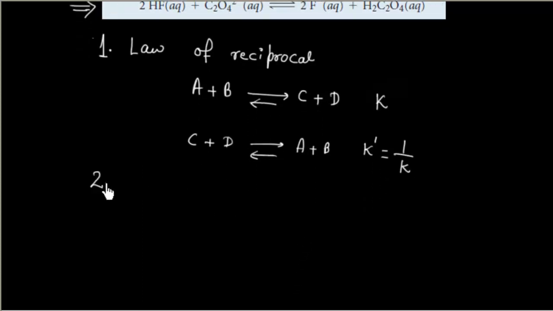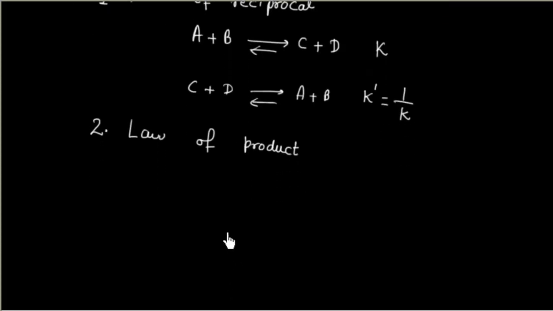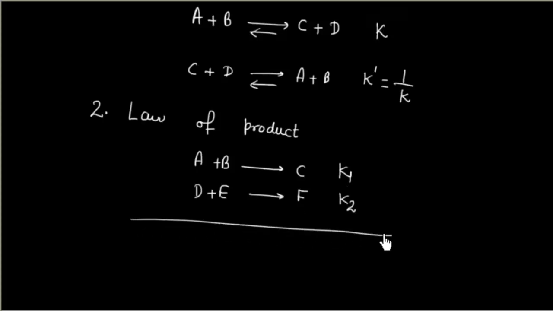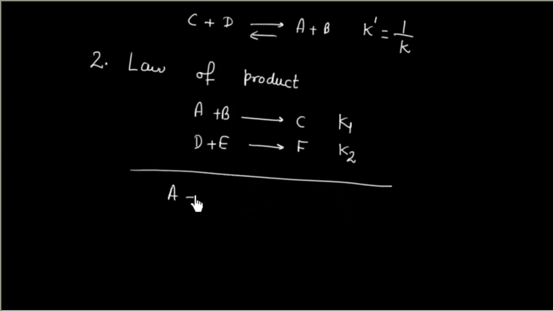Now the next rule we have is the law of product. What this law says: let us say we have A plus B gives you C, and D plus E gives you F. The equilibrium constant for the first reaction is K1 and for the second is K2. Now if I sum these two reactions, I will have A plus B plus D plus E, which gives you C plus F. Then the equilibrium constant for the overall reaction is K1 into K2.